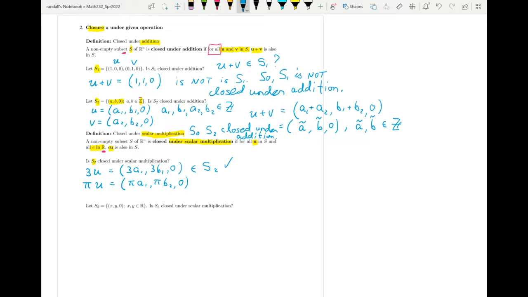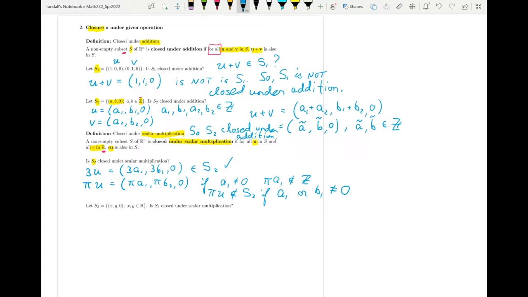Now if a1 is not 0, then pi a1 is not an integer. And similarly for b1. So if b1 is not 0, then pi times b1 is not an integer. Therefore, pi times u is not in S2 if a1 and b1 are not 0. Okay, just one of them has to be non-zero.